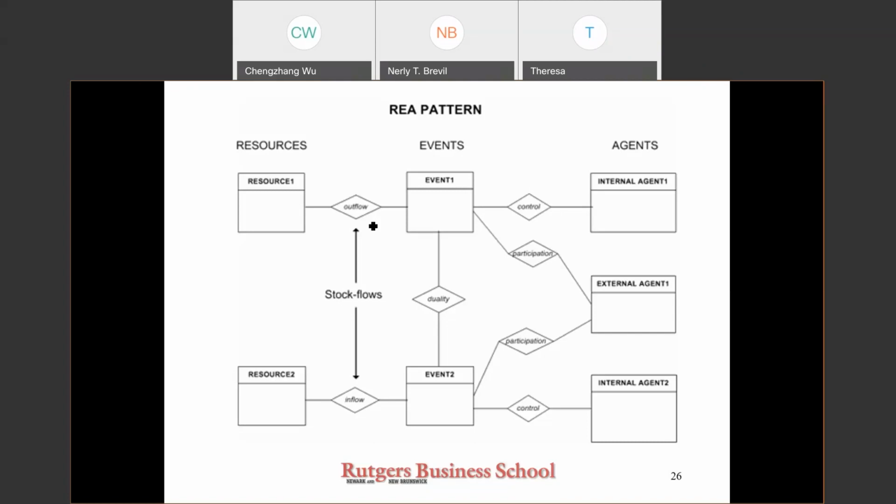For example, a credit sale event will have a customer as an external agent and a salesperson as an internal agent. So these are the three types of relationships.